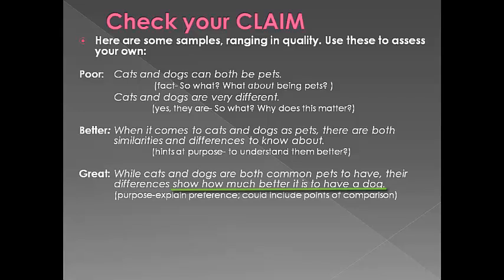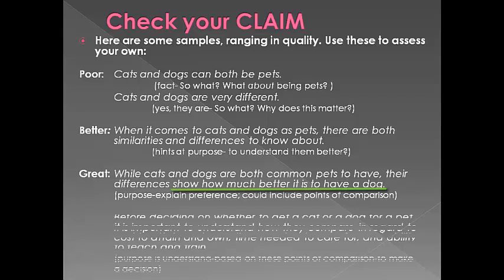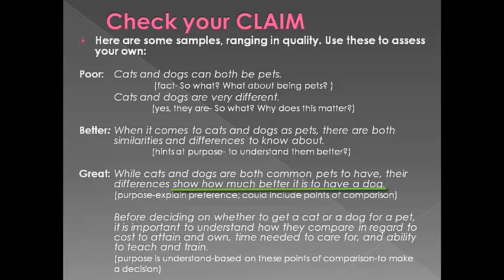It could have included the points of comparison that would also tell us what we're going to talk about. And this one does that. It says, before deciding on whether to get a cat or a dog for a pet, it is important to understand how they compare in regard to cost to attain and own, time needed to care for, and ability to teach and train.